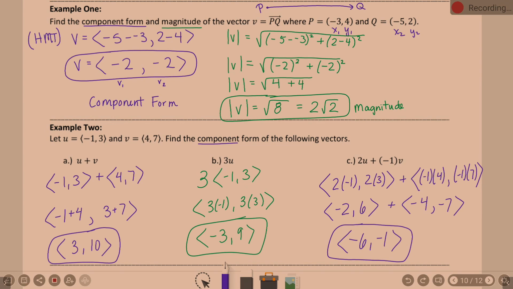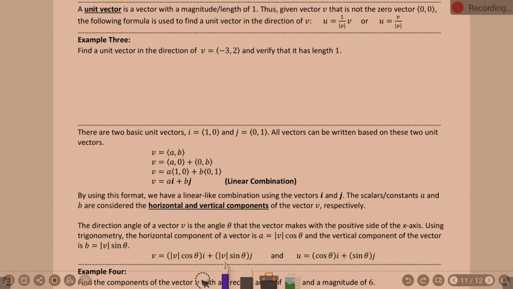When you're ready, obviously flip over to the next page. We've got a piece of vocabulary here, which talks about what a unit vector is. A unit vector is a vector with a magnitude or length of 1.